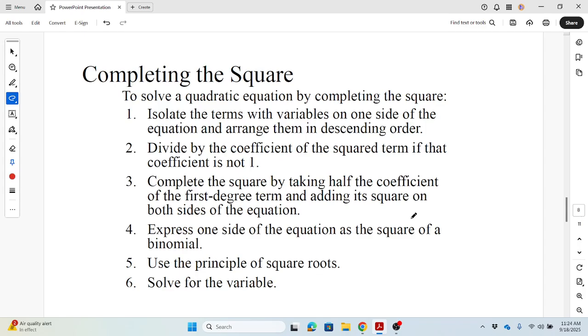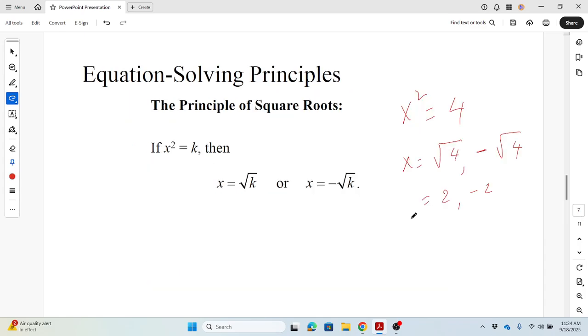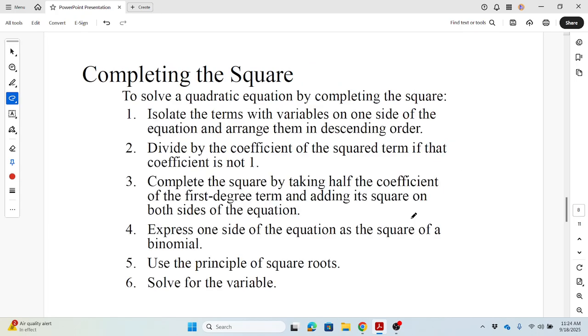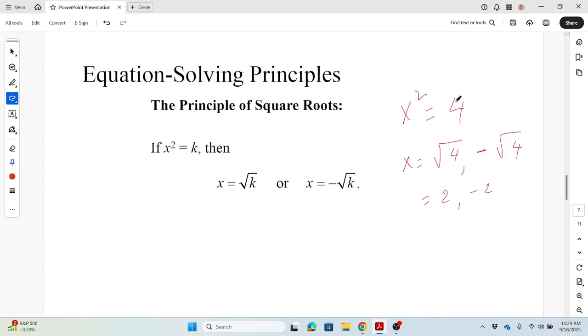And sometimes to use this square root property, you have to complete the square to solve the quadratic equation. For example, let's say here's the quadratic equation, x squared plus 2x equals 0. Let's say this is the equation we would like to solve using, what is this called?